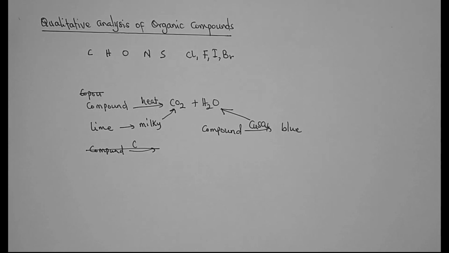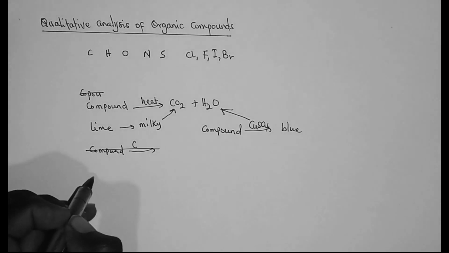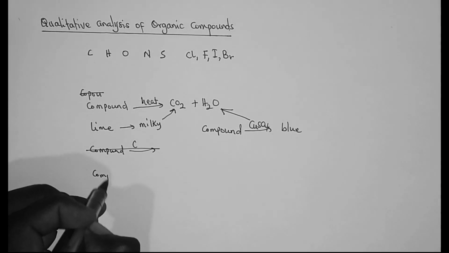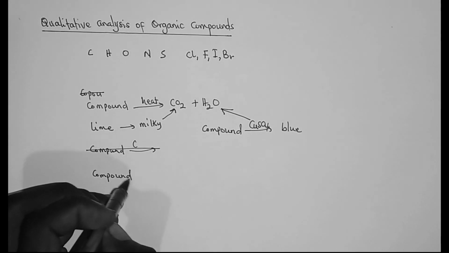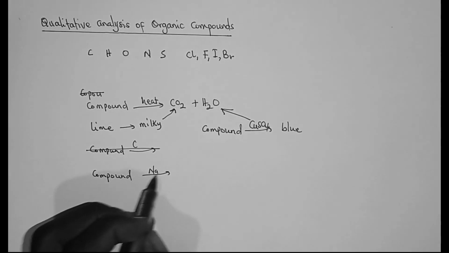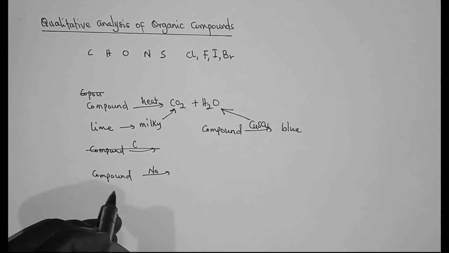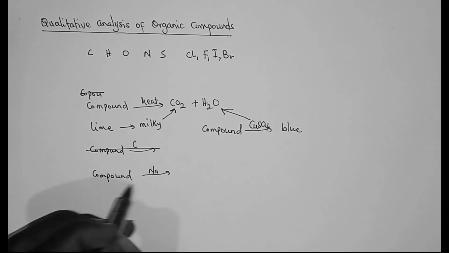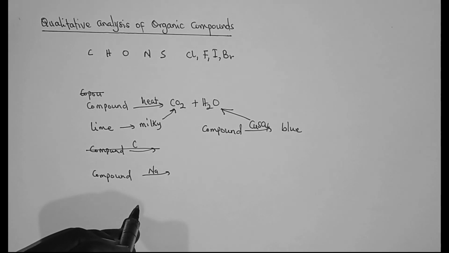To determine the presence of nitrogen, all you need to do is to do the sodium fusion test. In the sodium fusion test, you will add the organic compound. You would add sodium metal. Then when you heat the sodium metal, the organic compound is converted into its various ions.